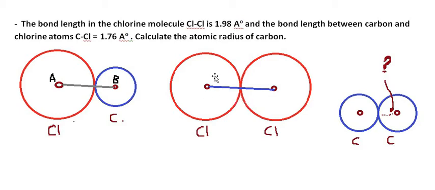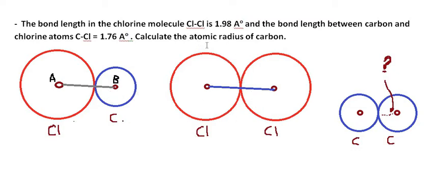If you divide this distance over 2, you get the radius of one chlorine atom. If you subtract the radius of the chlorine atom from the bond length, the distance from A to B, chlorine and carbon, you get the radius of the carbon atom.